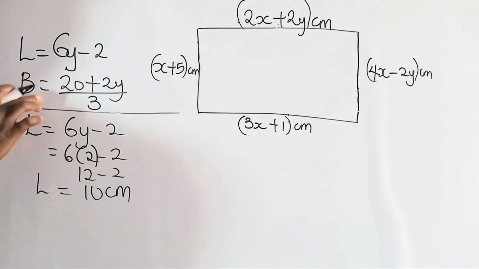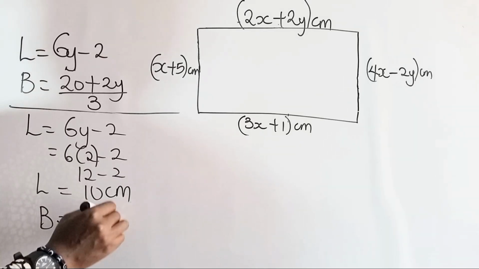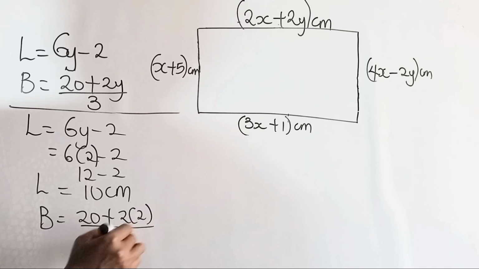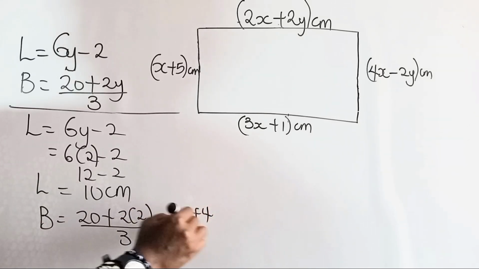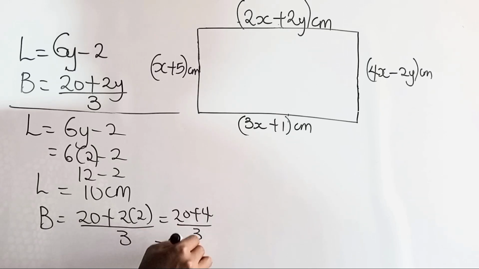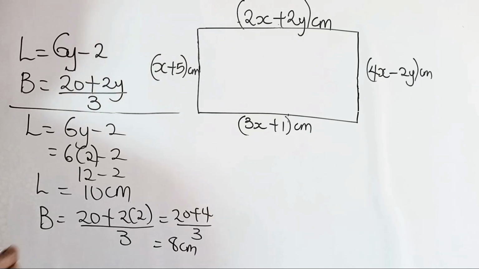Let's also substitute 2 for y in the breadth measurement. We have the breadth equal to 20 plus 2 times 2, all over 3. This gives us 20 plus 4 all over 3, and this gives us 8 cm. Now we have the length and the breadth. So the breadth here equals 8 centimeters.